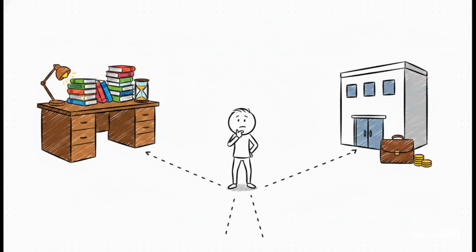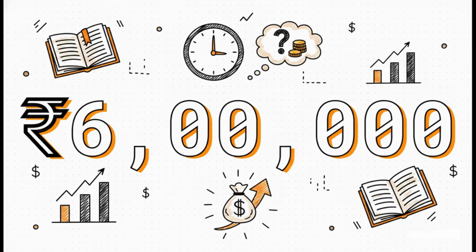Let's really drive this concept home with a hard-hitting, real-world example. Imagine a recent college grad who has two choices in front of them. Option A, commit to full-time UPSC prep for 20 months. Or option B, take a starter job paying 30,000 rupees a month.